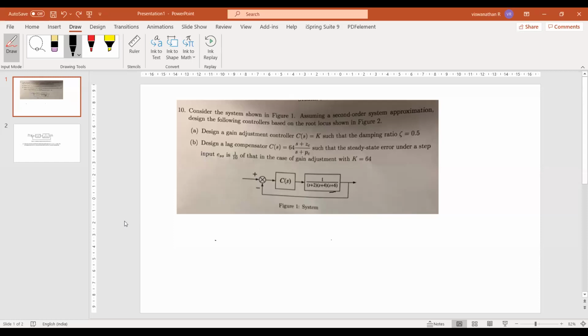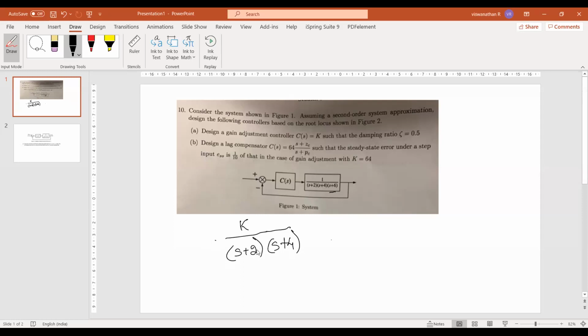Okay. So this can be written as k divided by s plus 2 into s plus 4. Okay.